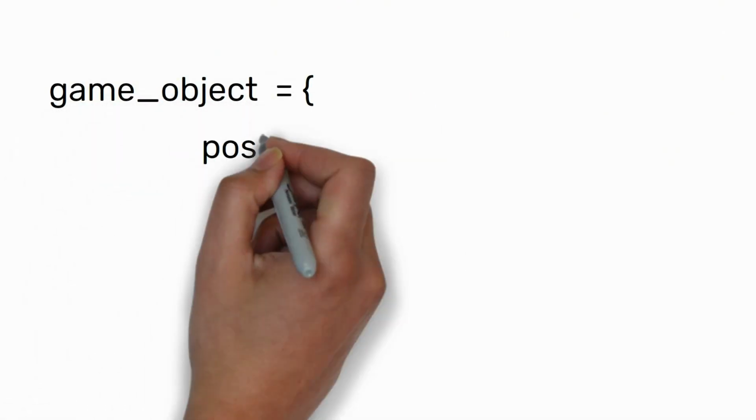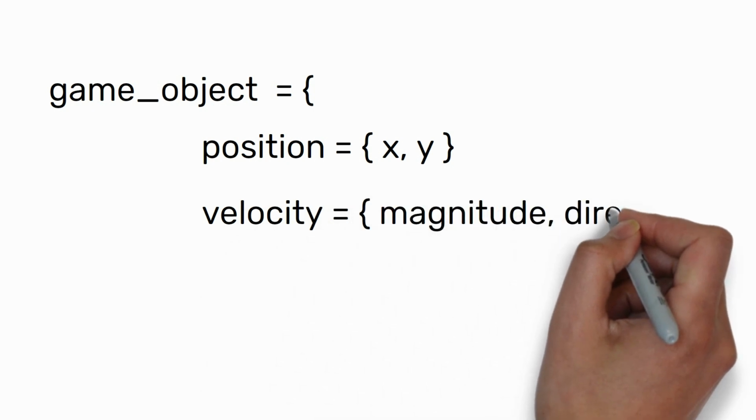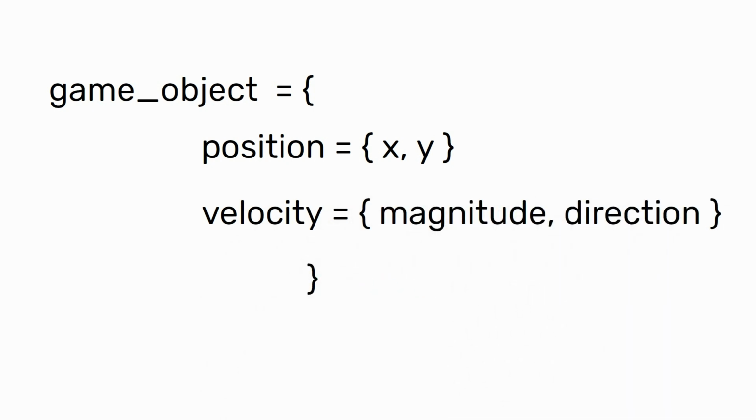So each object in our game is going to have a position attribute with an x and y coordinate and a velocity attribute with an angle and a magnitude. So if we want to move our objects in this 2D world, as we've already seen, the player ship isn't going to move, and its position will always be at the origin 0, 0 in pixel coordinates.